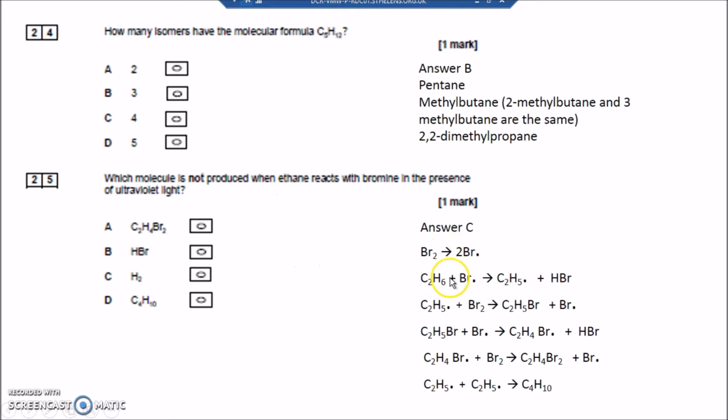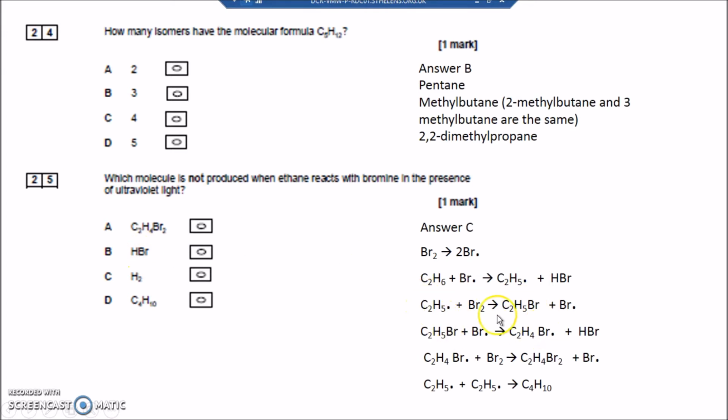Bromine produces 2 bromine radicals. Ethane then with a bromine radical forms CH3CH2 dot or C2H5 dot. Better if you put CH3CH2 dot and the dot on the C, the C that hasn't got enough bonds, and makes HBr. So HBr or HCl, depending on whether you're using bromine or chlorine, is always made. So B is an obvious given.